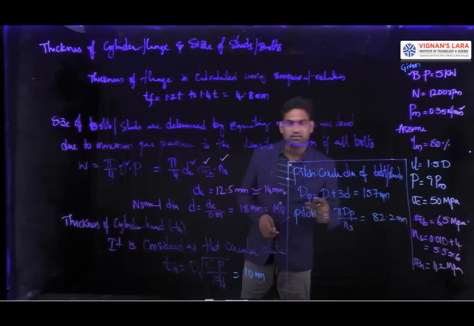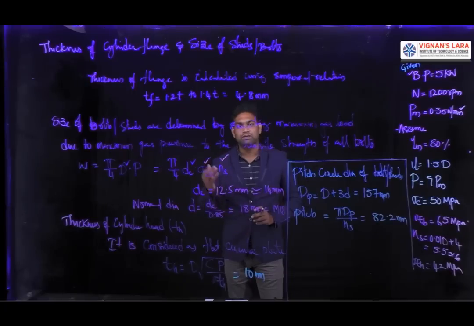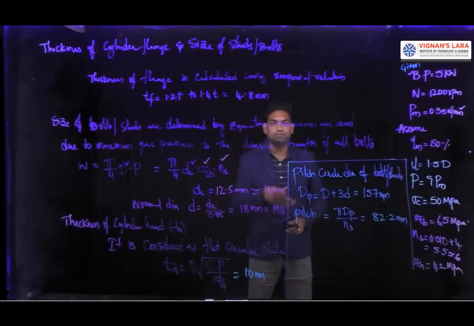We need to check this value of pitch with the minimum pitch as well as the maximum pitch value. Our calculated pitch should be within the range, that is 19 root D as the minimum pitch and the maximum pitch is 28.5 root D. If our calculated pitch lies in between, then the joint is leak proof.